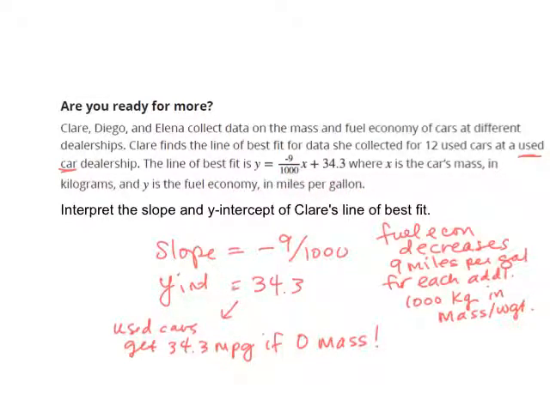All right, so what's the y-intercept? The y-intercept is 34.3, which means a used car gets 34.3 miles per gallon if X is 0, or the mass of the car is 0. Kind of interesting.